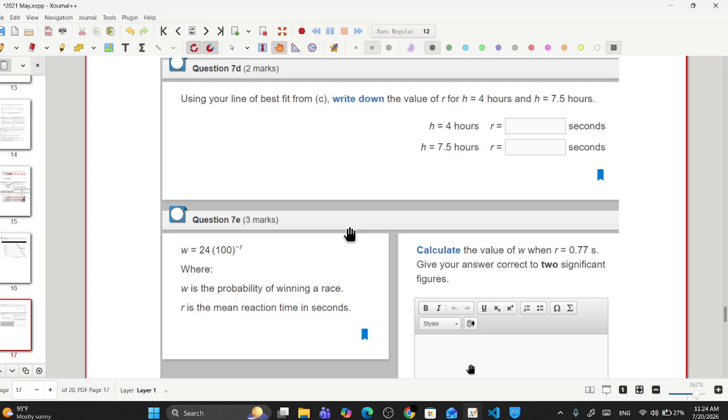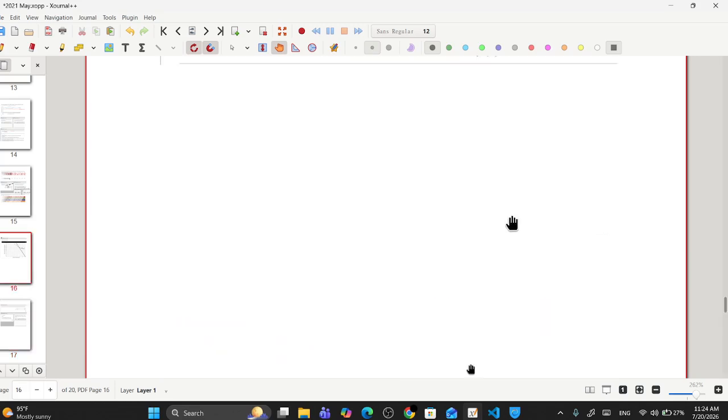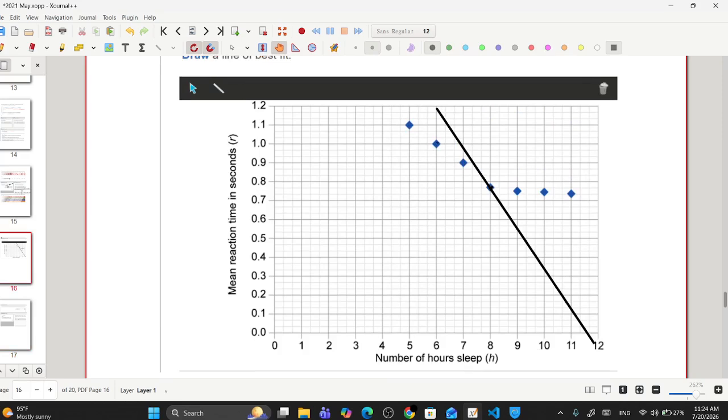Use your line of best fit from part C. Write down the value of R for H equals 4 hours and H equals 7.5 hours. So if we were to use our line of best fit, it is supposed to give us somewhere around, let's consider using 7.5.